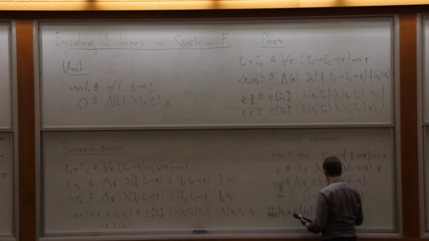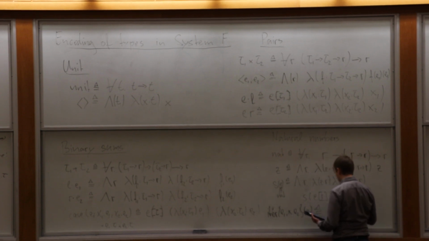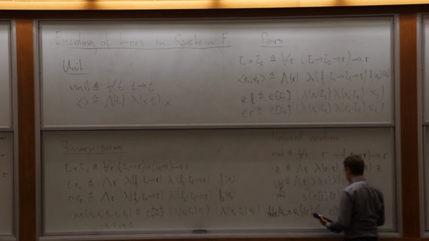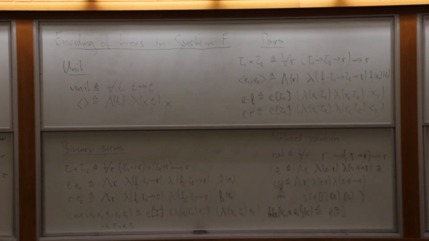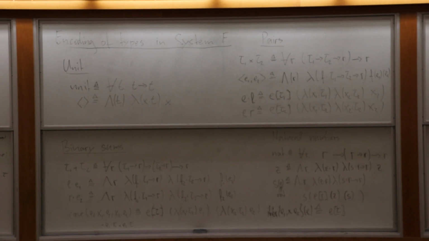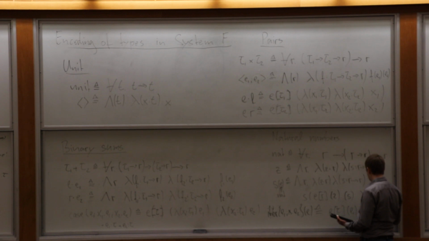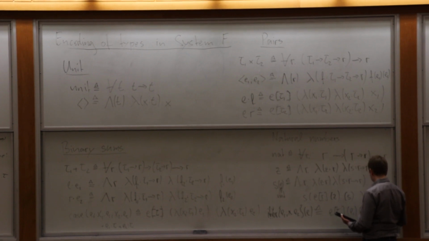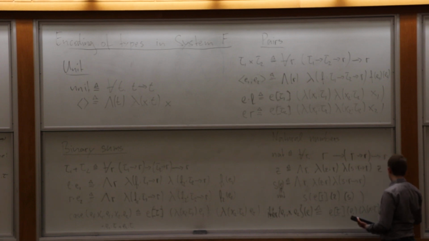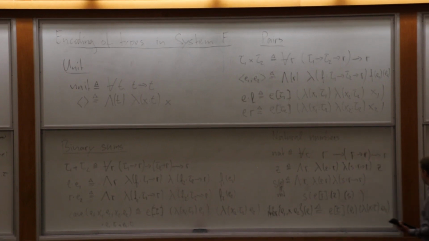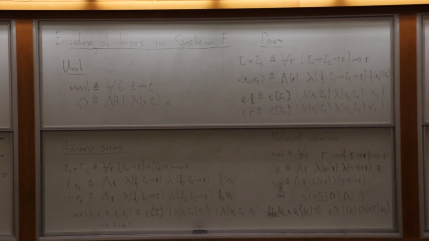That's the only way you can use a natural number. You have to apply it to some type tau, which is the end result you want to have, like the list. Then you give it the base case, and then you give it the step function that is called iteratively. It takes in the result that you have for the predecessor and gives you the result for the current number.